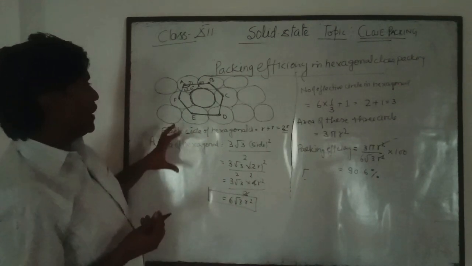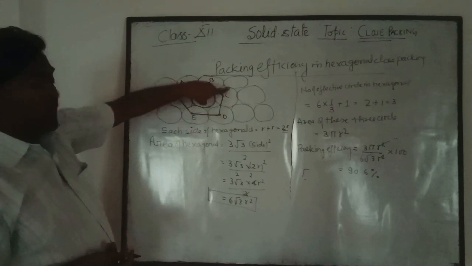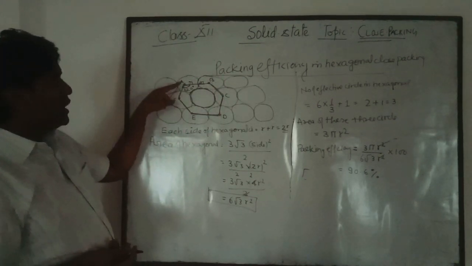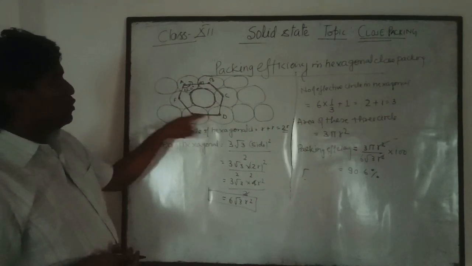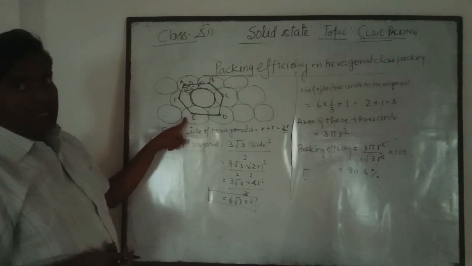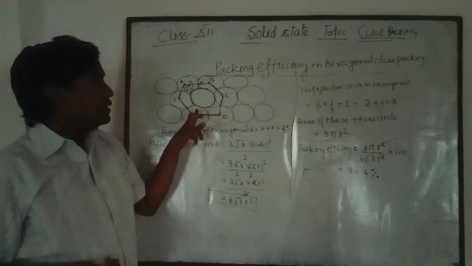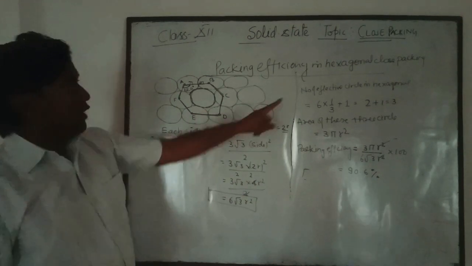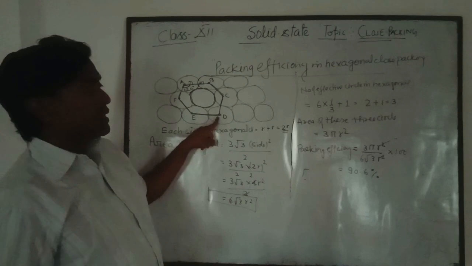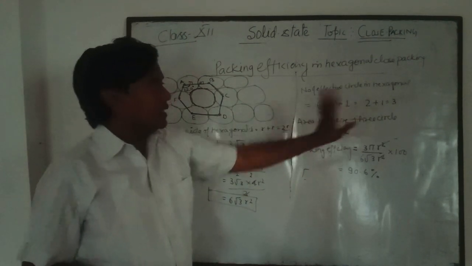Now we are going to find the number of effective circles in this hexagonal unit cell. In the hexagonal unit cell there are 1, 2, 3, 4, 5 and 6 points. At each point one constituent particle is there, which contributes 1/3 part in this unit cell. So the effective number of circles in the hexagon is 6 multiplied by 1 by 3 plus 1, that is 3.